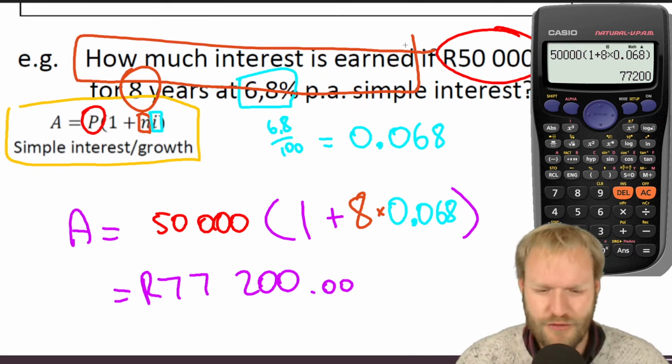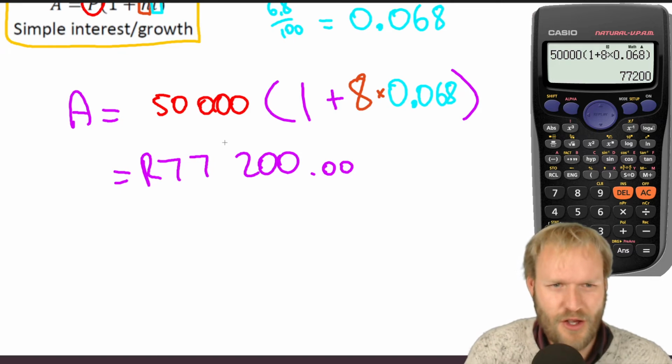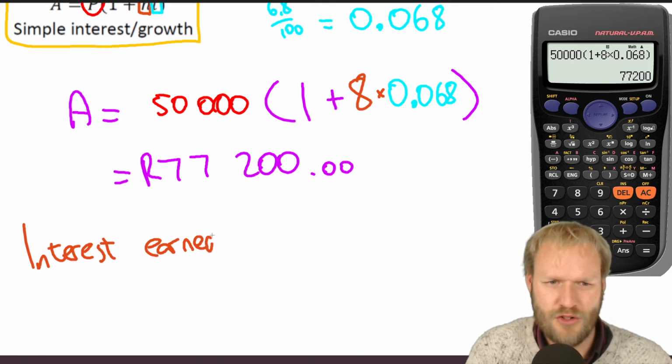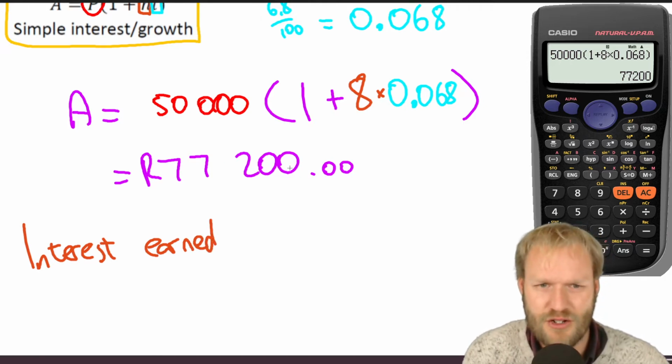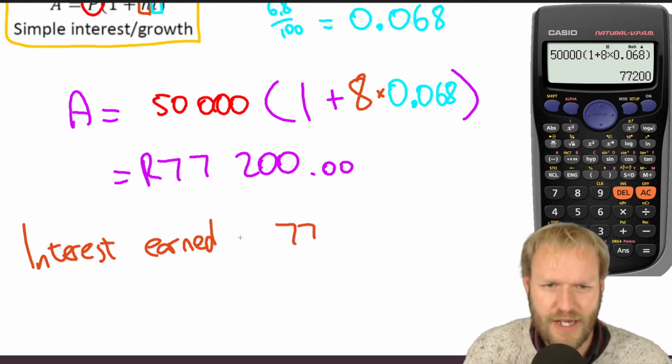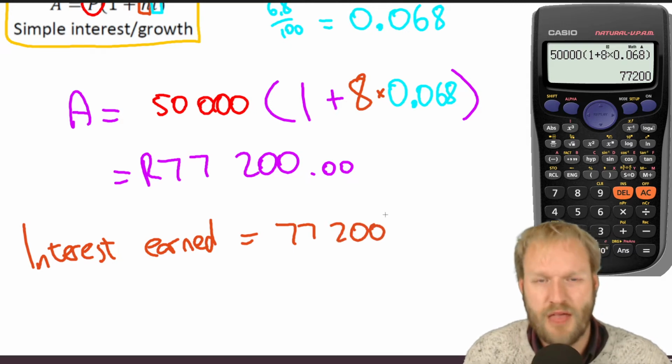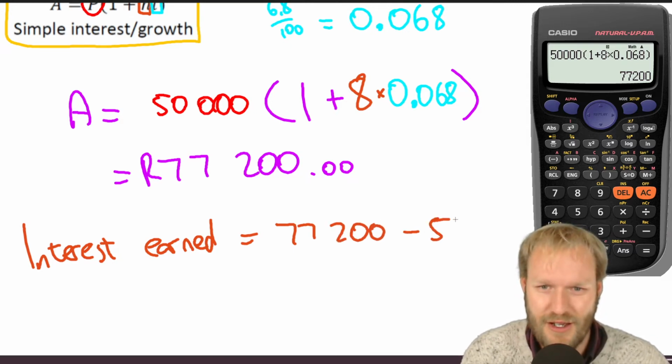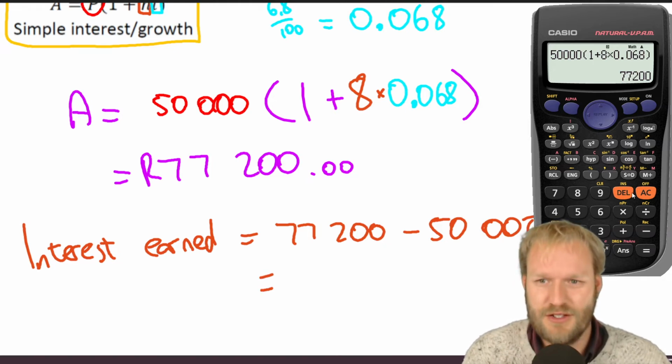Well, to finish it off, we need to say, our interest that was earned, well, we didn't earn 77,200 Rand. What we had was 77,200 coming out when we had put 50,000 in. So our interest is going to be, well, that's already in the calculator.